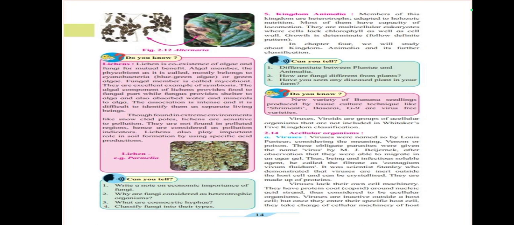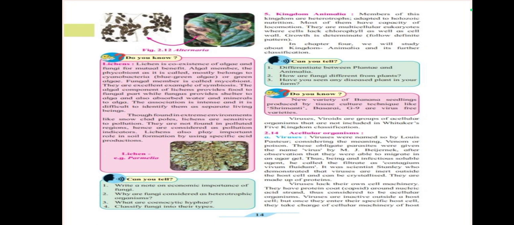Viruses and viroids are groups of acellular organisms that are not included in Whittaker's five kingdom classification. Viruses were named by Louis Pasteur, the word meaning venom or poison.